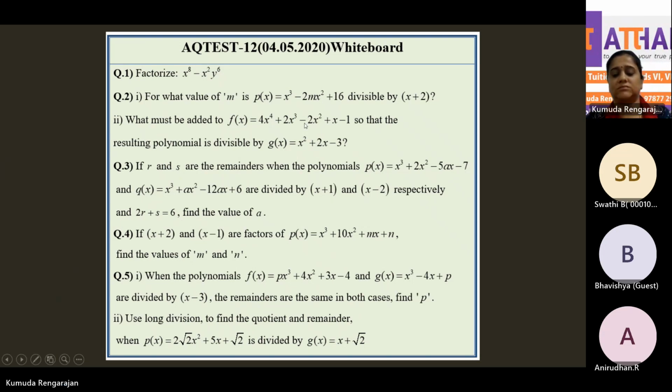Yeah, children. Take down the first question. Take down the first question, children.